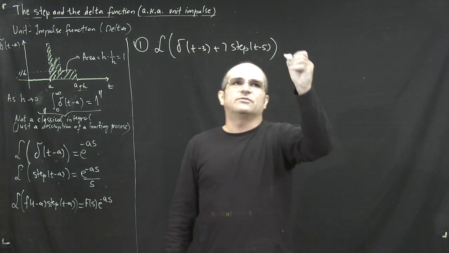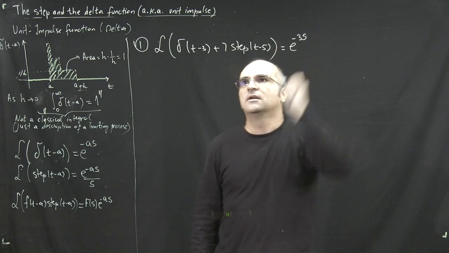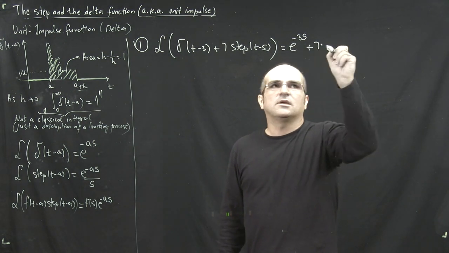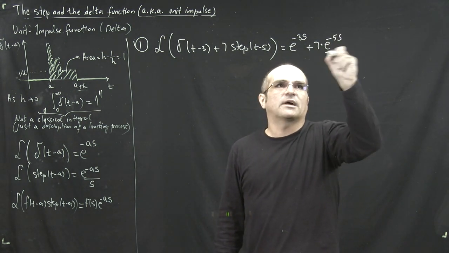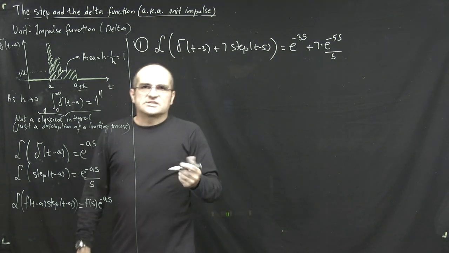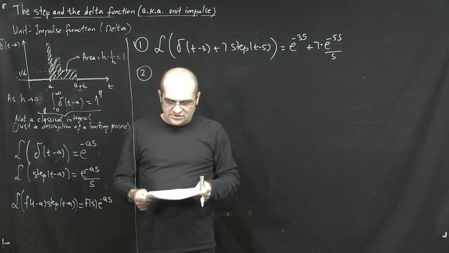So the Laplace of this, again using the linearity property, is just e to the minus 3s, applying this formula, and then the second term, 7 e to the minus 5s over s. That's just a basic warm-up if you want.